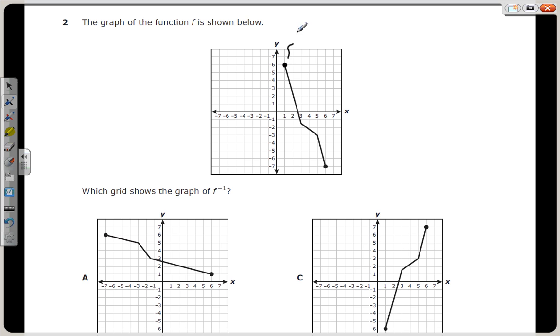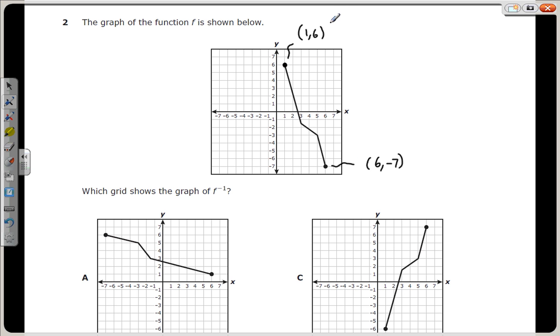The coordinates of this point are (1, 6). This point right here, the end point, is (6, -7). All right, so these are the two endpoints for the graph.